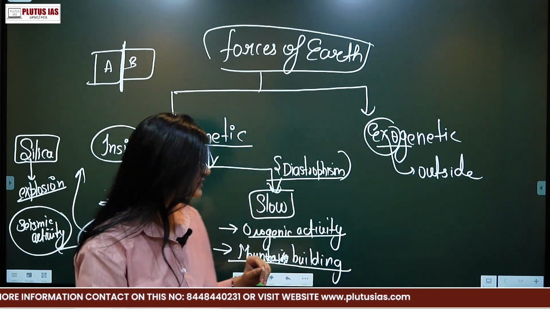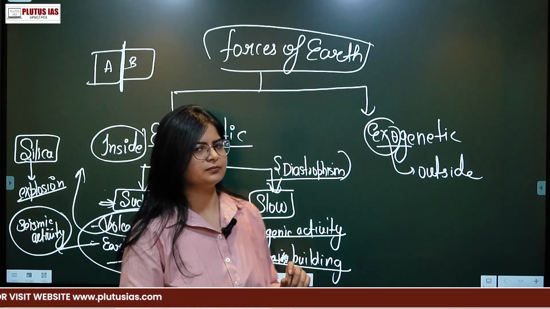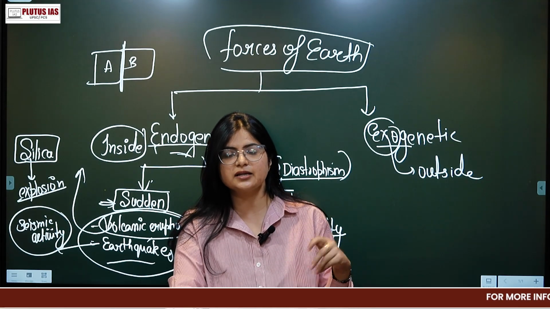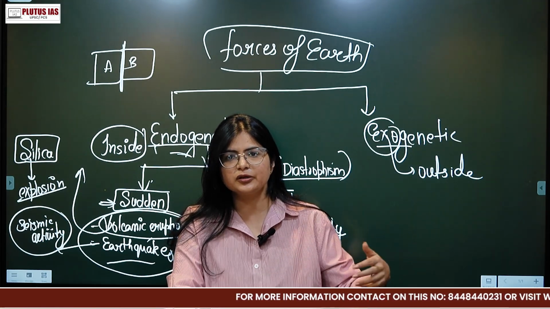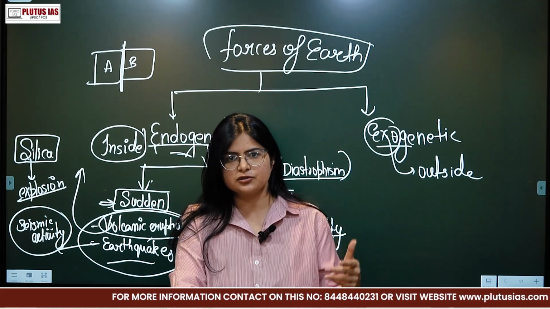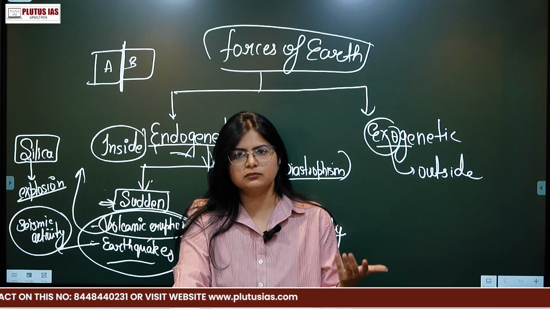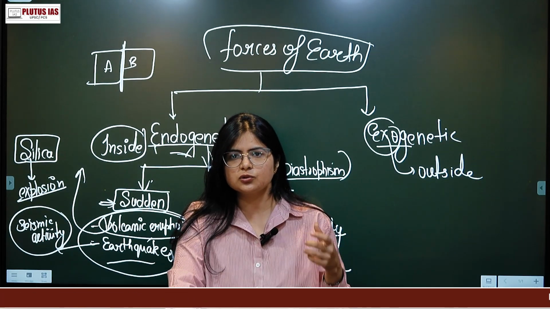Okay. Next thing that we are going to do is diastrophism. It is a very slow process. It is a process that you cannot even see with your naked eyes. It will be there in front of you, but you won't be able to relate to it, because it cannot be felt. The process is so slow.